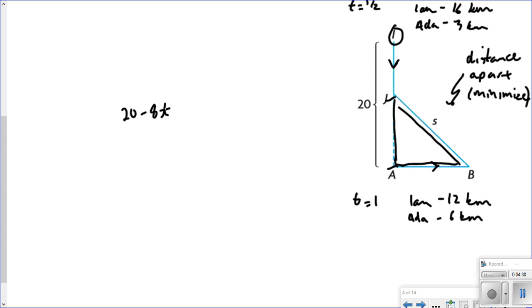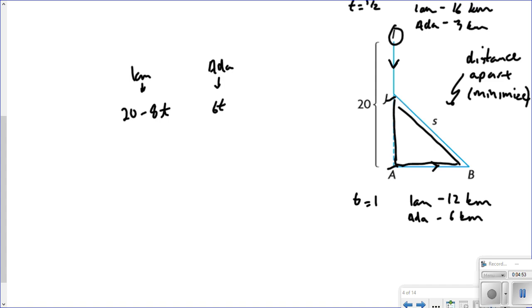At any given time, he travels 8t, and he takes that away from his initial distance. So this is Ian's distance. Ada's distance traveled is a little bit easier. That's 6t. And that's Ada.